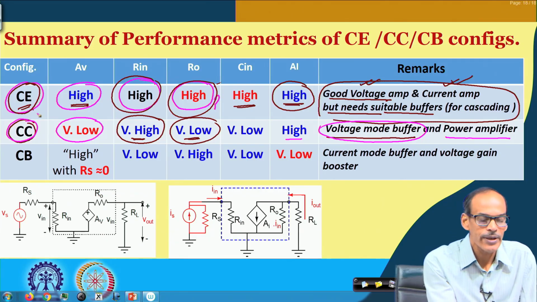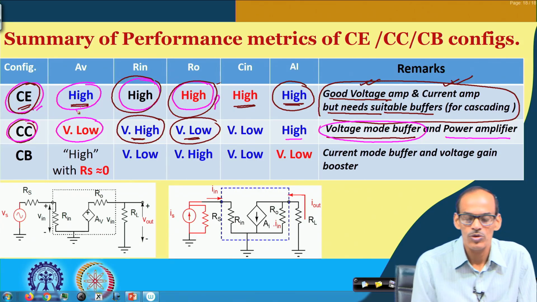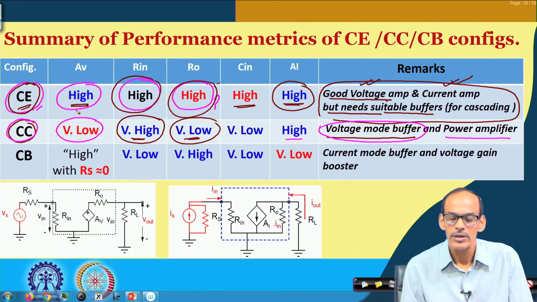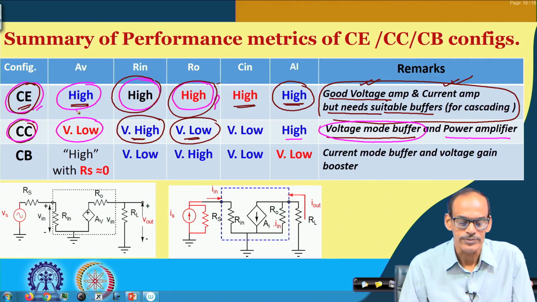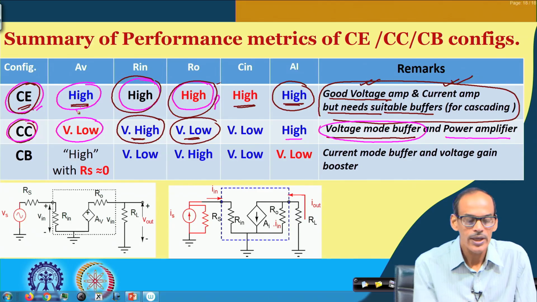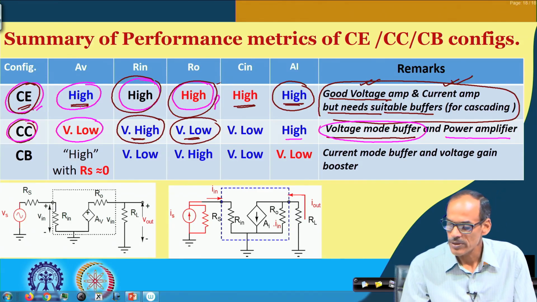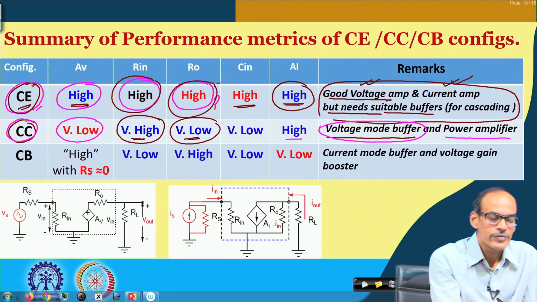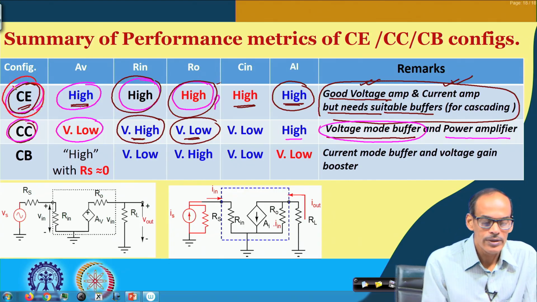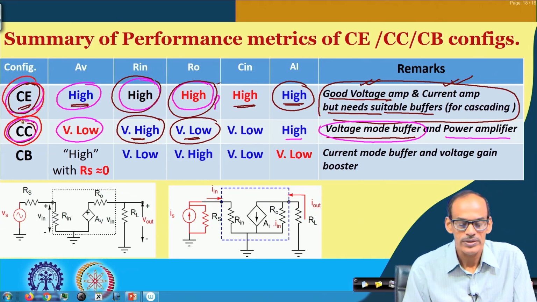These two together may be helping us to get a good current gain. In fact, the CE amplifier, since it is having both voltage and current gain, can also be used as a power amplifier, but again that requires some additional buffer. So, which means that in case we are constructing a voltage mode amplifier, this should be the heart, and then CC stage should be used to buffer the stage.